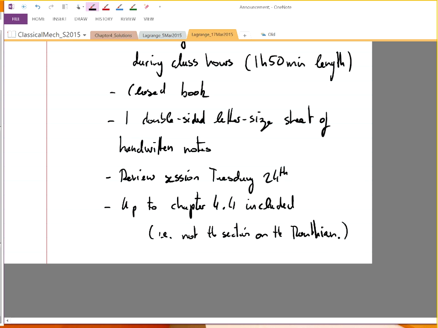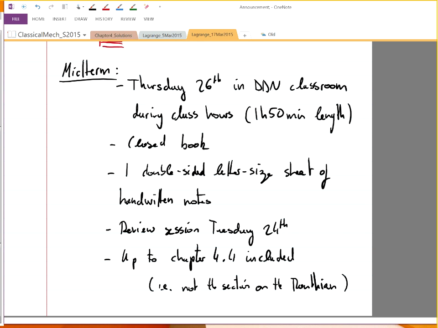So we don't need to do the Routhian. But I hope we'll get through either today or on Thursday we'll be able to finish that material. Any questions about that?